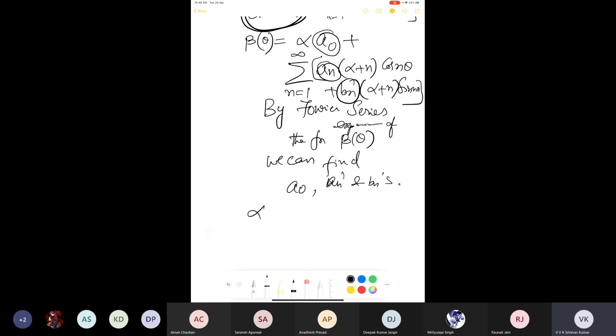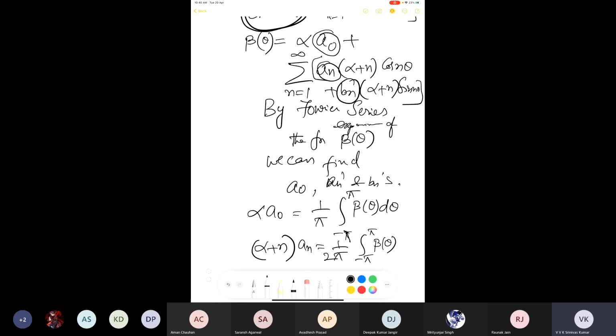So alpha a naught will be equal to 1 upon 2 pi integral from minus pi to pi of beta(theta) d theta, and that implies a naught is equal to that divided by alpha, since alpha is positive. So you can find a naught. Then (alpha plus n) times an is equal to 1 upon pi integral minus pi to pi of beta(theta) cos n theta d theta.